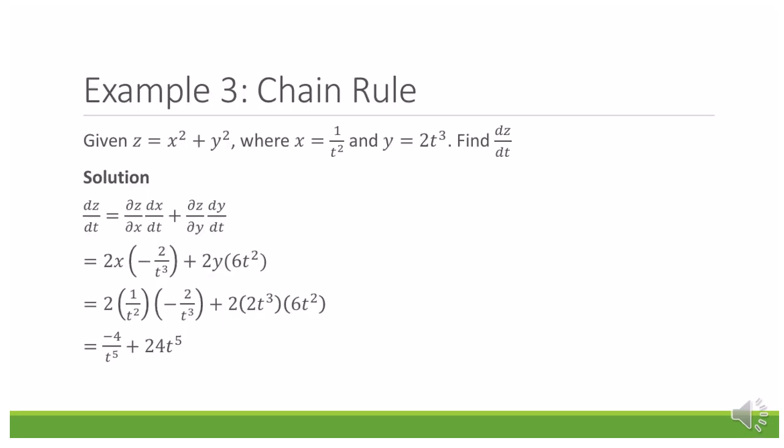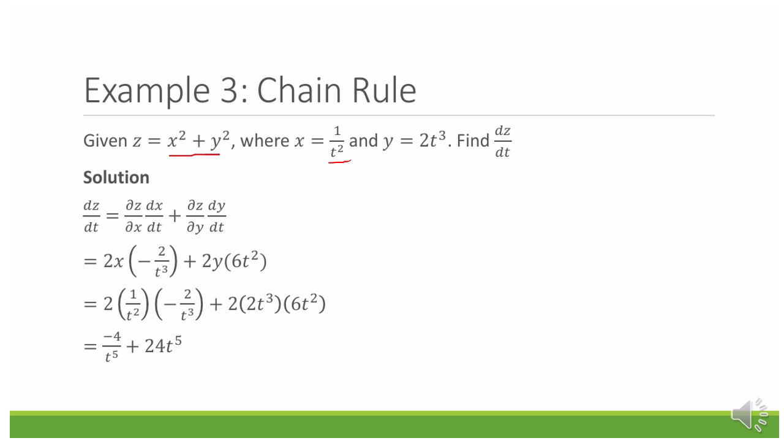So here is the chain rule, where a function z equals x squared plus y squared, where x equals 1 over t squared and y equals 2t to the power of 3.